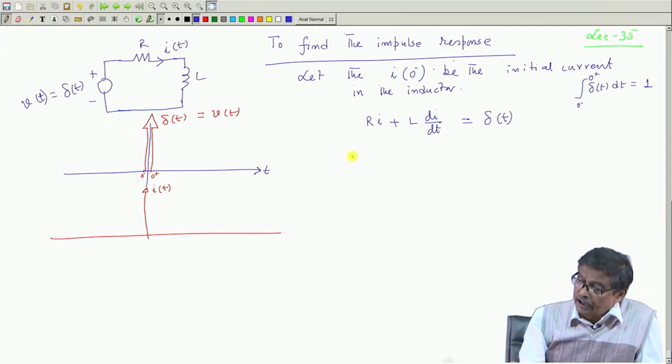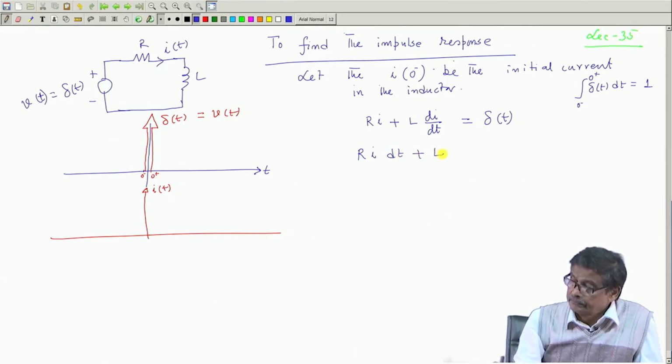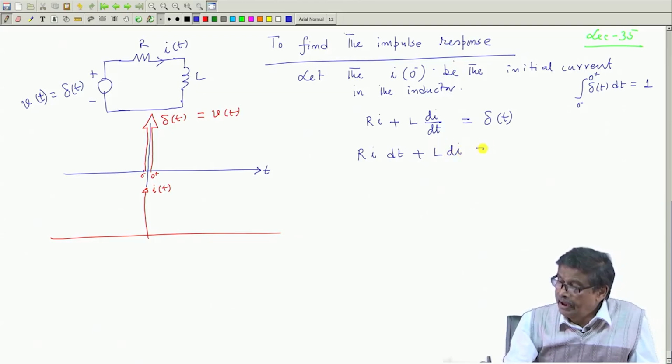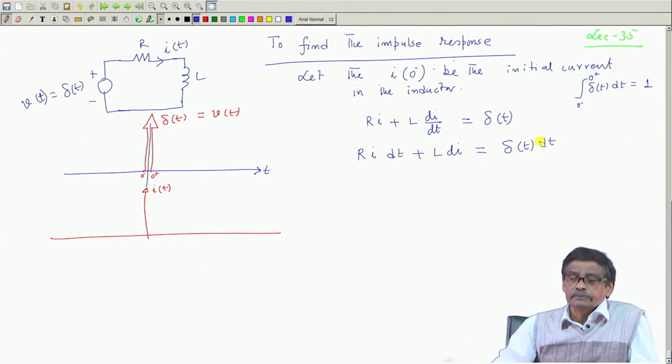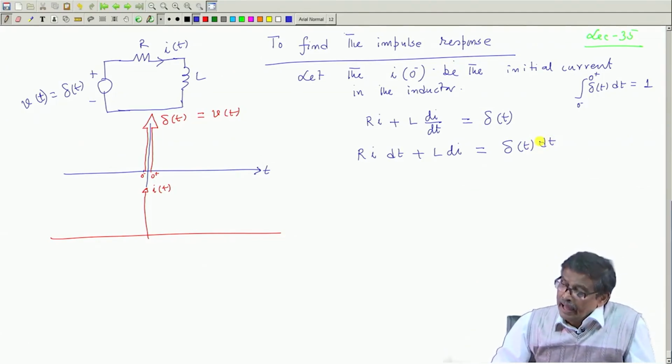So, better I will transform this equation into this form. To do this I multiply both sides by dt, and this will be equal to delta(t) dt.